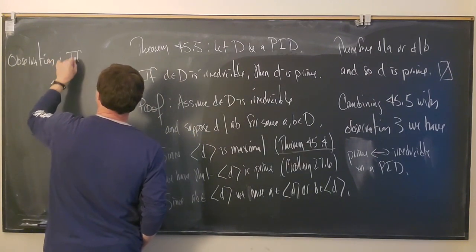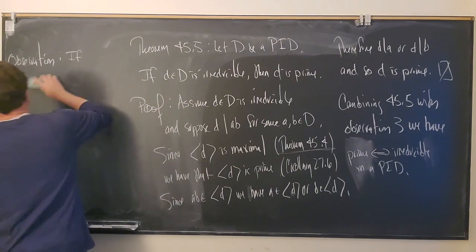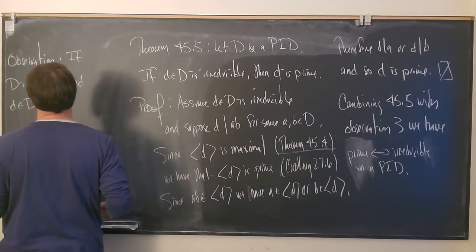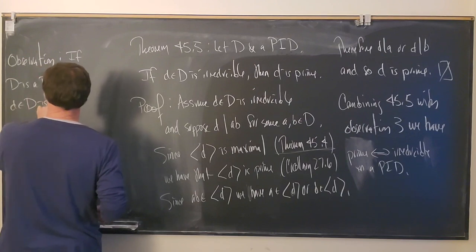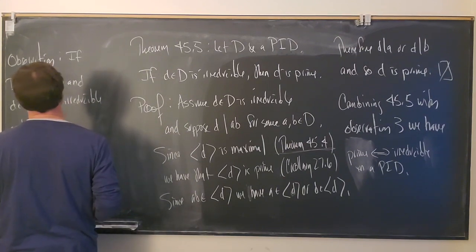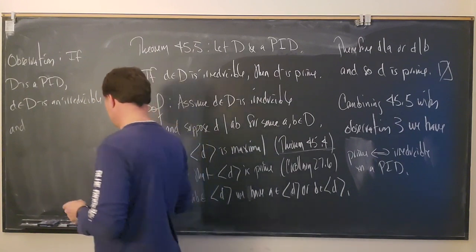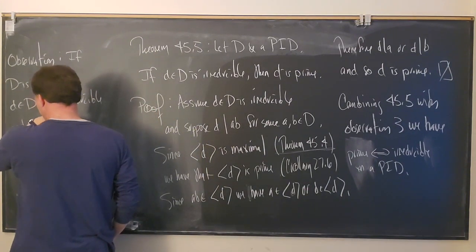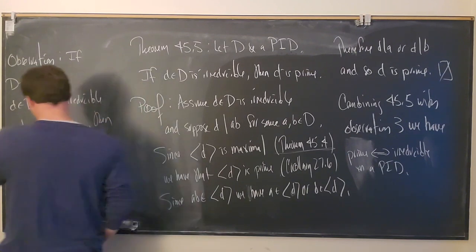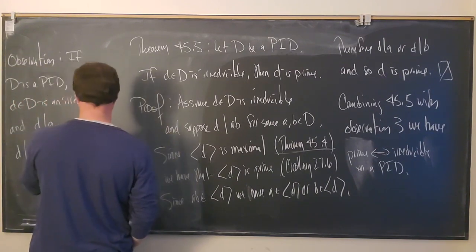If D is a PID, let's put a comma here, and little d is an irreducible, and D divides a product A1 up through A sub n, then d divides A sub i for some i with 1 less than or equal to i less than or equal to n.